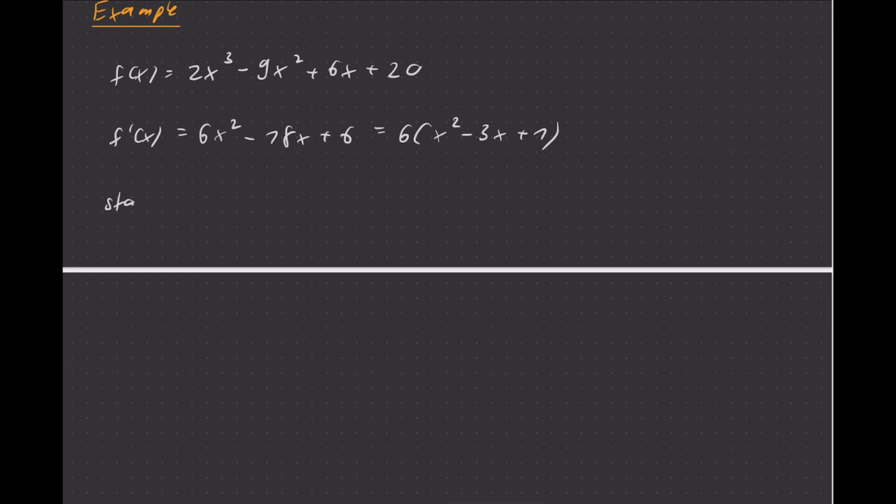Now let's find the stationary points of f. And to do that, we have to find the points where f prime is 0. And that is true if and only if x squared minus 3x plus 1 is 0.